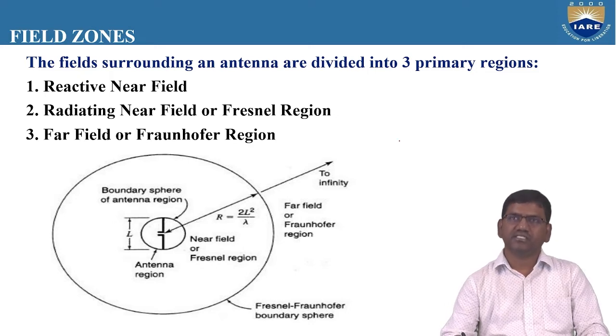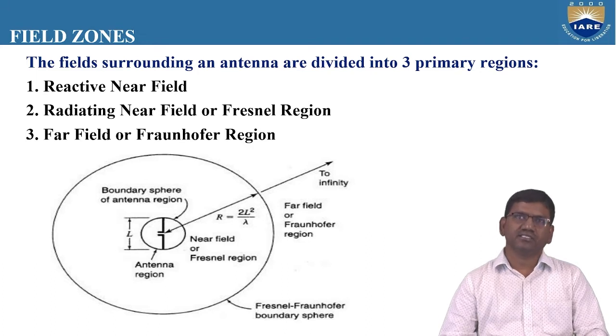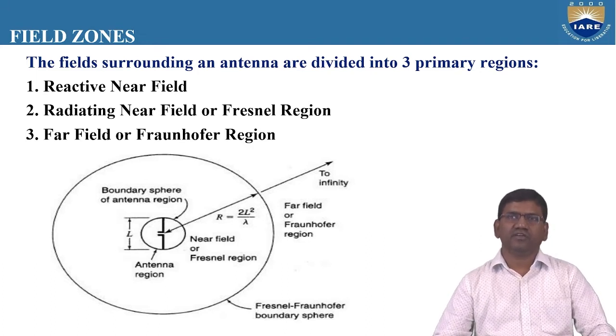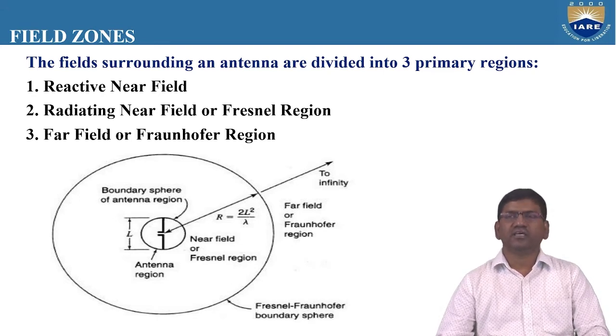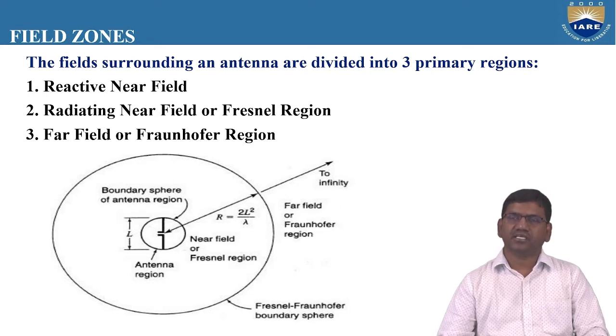That means as the distance increases, the radiation pattern will decrease. So exactly, we do not know where the radiation pattern of the antenna is found, at what distance the radiation pattern is exactly found, at what distance the radiation pattern is uniform, and at what distance the radiation pattern is maximum.